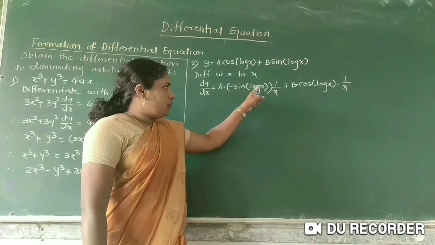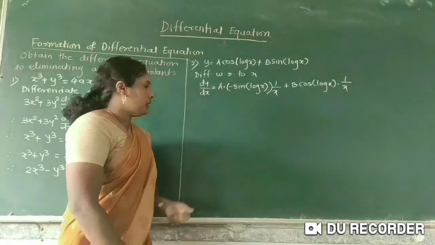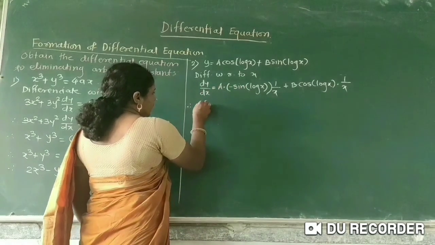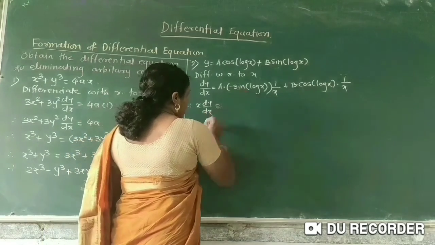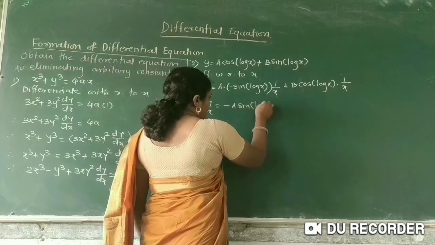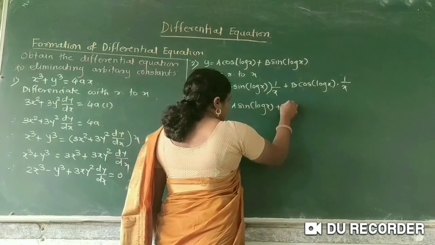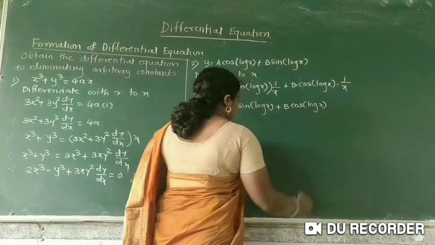Here both denominators have the x. Take this value to the left side. Therefore we get x dy by dx is equal to a into minus sin, that is minus a sin log x plus b cos log x.